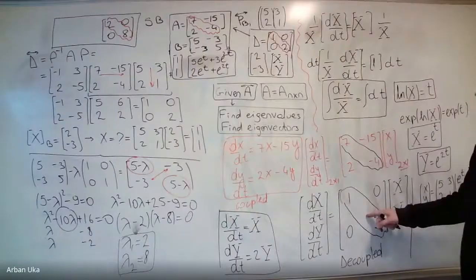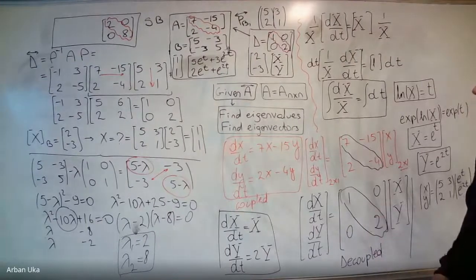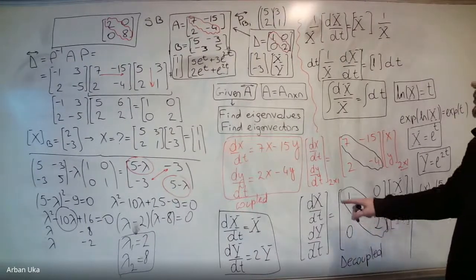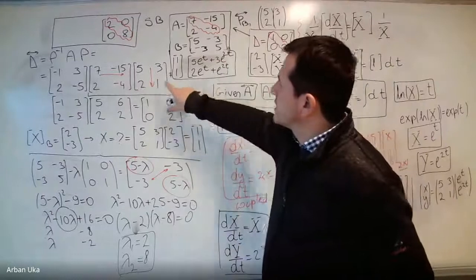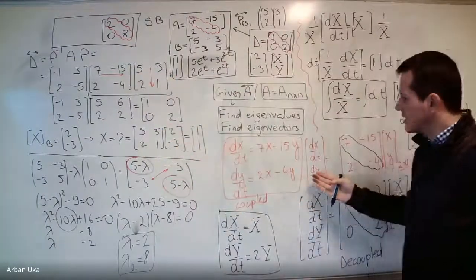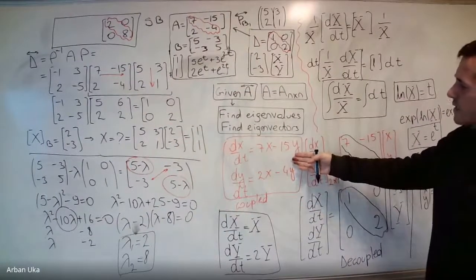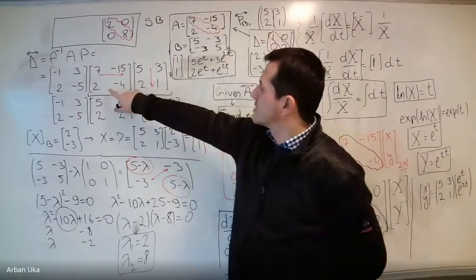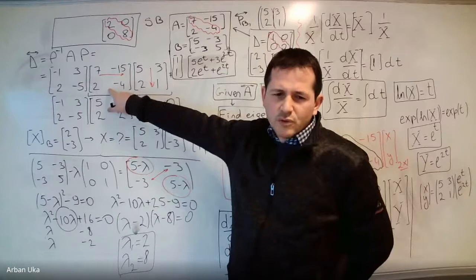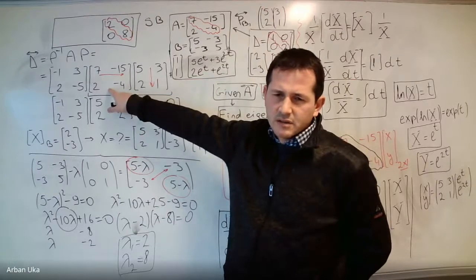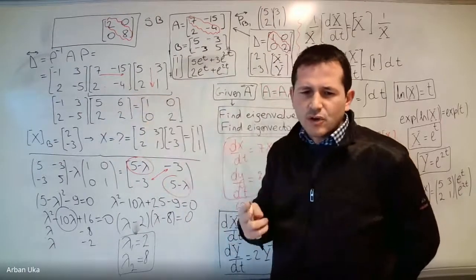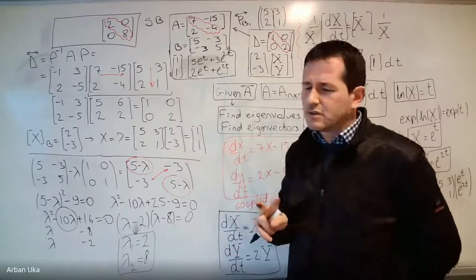Yes. We chose this one because this is the only possibility to diagonalize A. So if you start with matrix A, there is only one way to diagonalize A, because A has only two distinct eigenvalues.